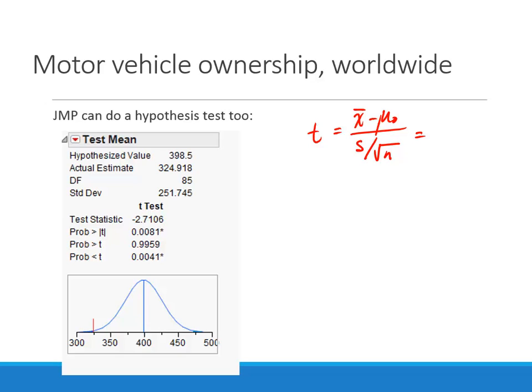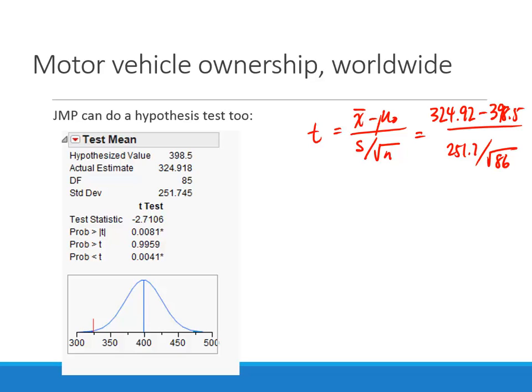Our sample mean, we can find that's 324.92. Our hypothesized mean was 398.5. Standard deviation was 251.7 over the square root of 86. You took out the U.S. for this? I took out the U.S. for this. That's right. So I'm comparing the rest of the world to the United States.